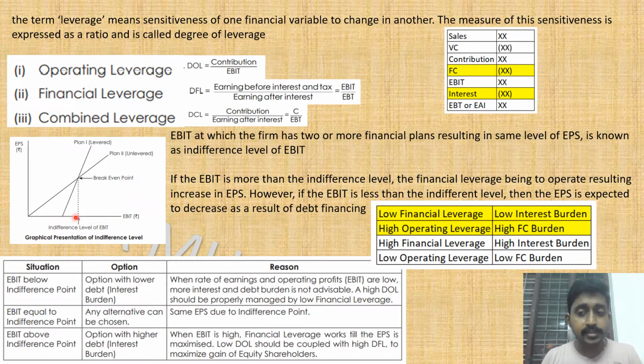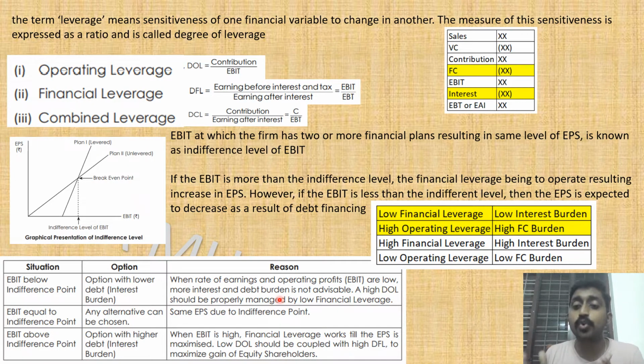What does this say? Your EBIT is lesser than the indifference. After EBIT you have to pay your interest expenditure and tax expenditure, so interest expenditure is very important. Here there is a higher debt burden.